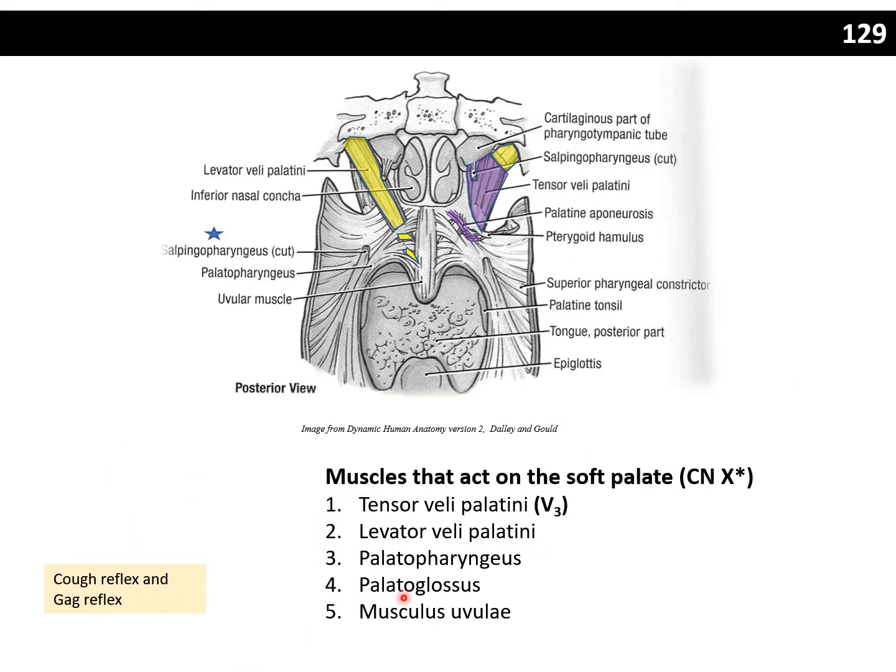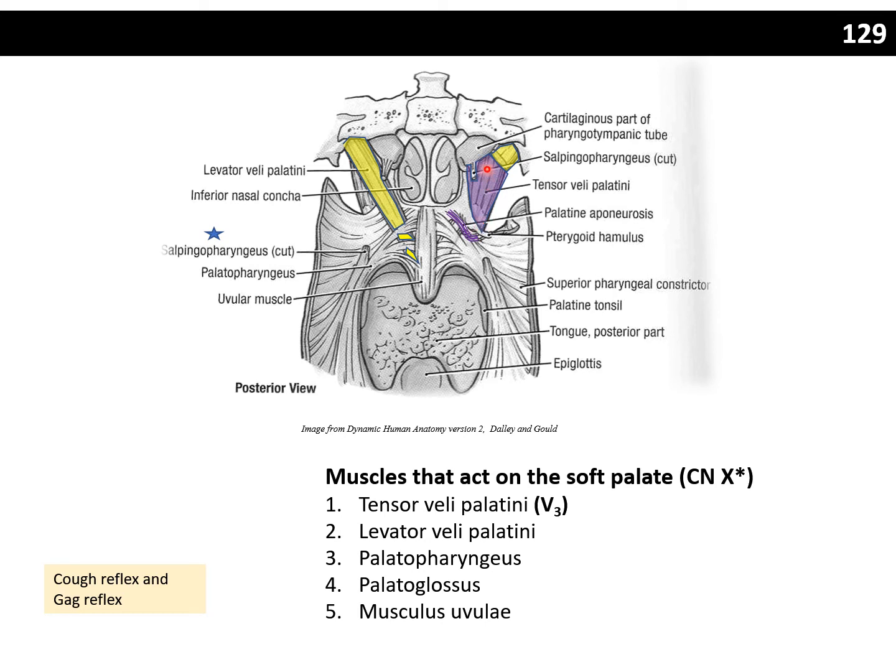So the muscles that act on the soft palate in order to facilitate that would be the levator veli palatini, which would elevate the soft palate. And then deep to that is the tensor veli palatini.